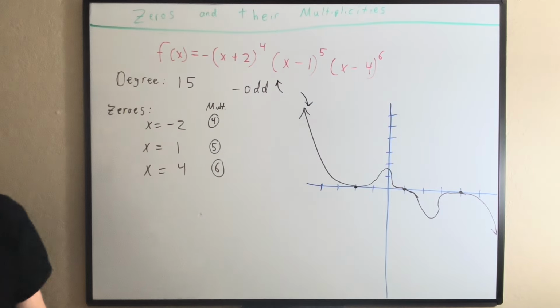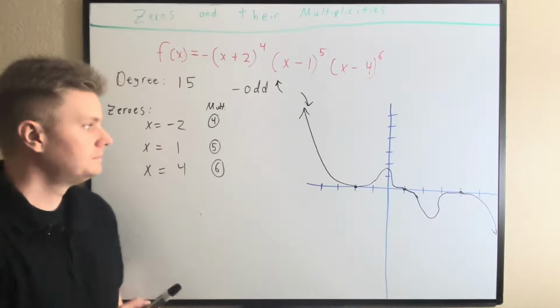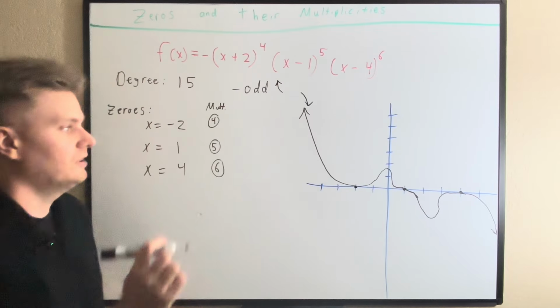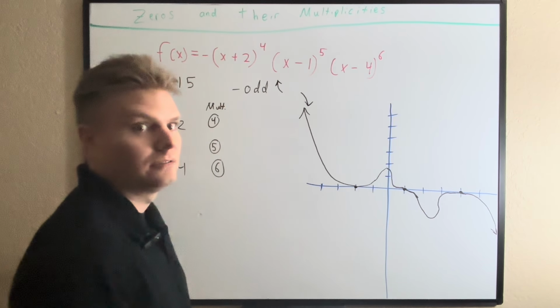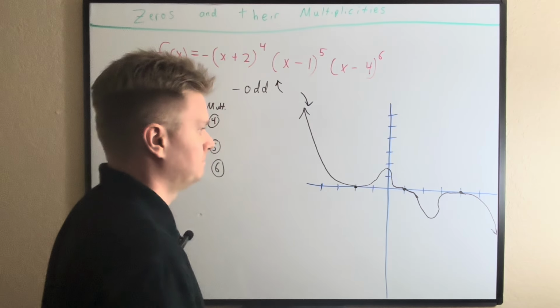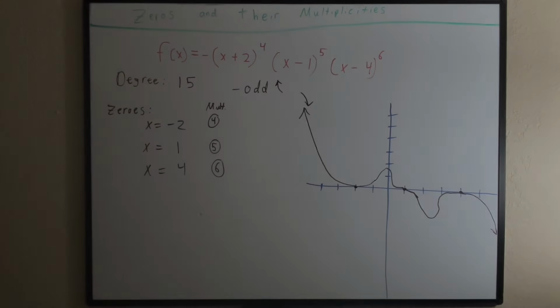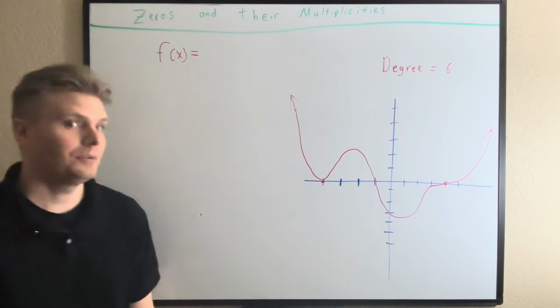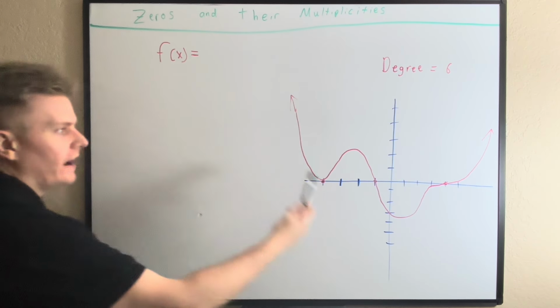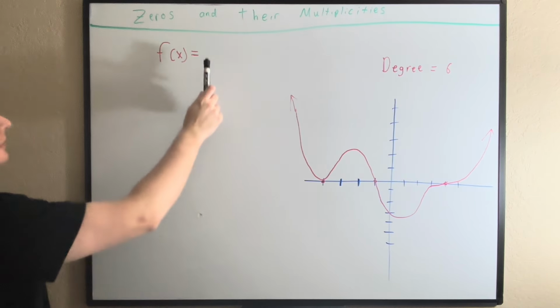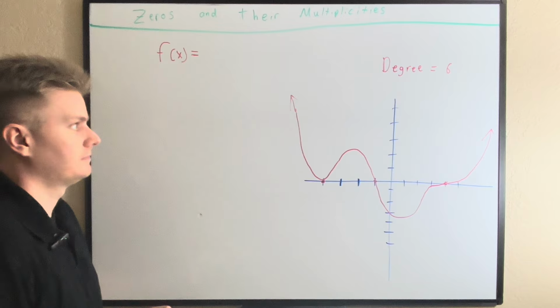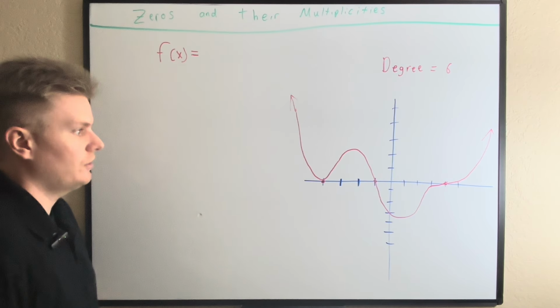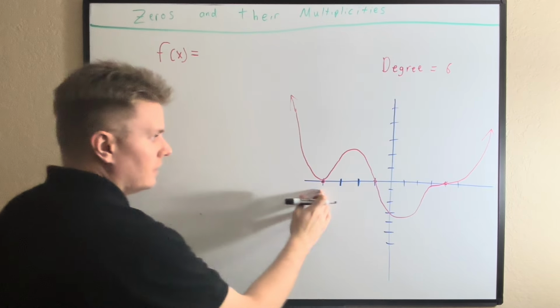Got it? All right, now I'm going to do other examples where we look at the graph and we figure out what the factors of the function are. All right, now we're going to work backwards. We're going to look at the graph and figure out what the factors in our function are. So, what are the zeros?